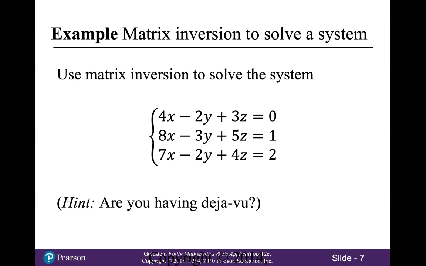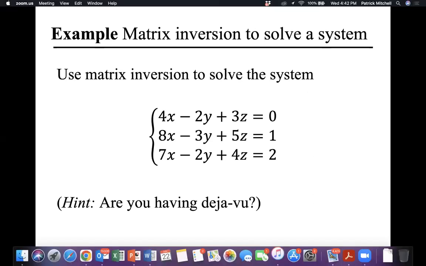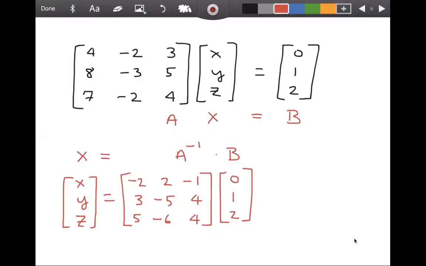Well, as soon as I switch over to the tablet, I think you'll see that this is actually a very easy problem, given what we've already done. So first you see I've written the system in matrix form. And hopefully this matrix looks familiar. It is exactly the matrix that we just found the inverse of in the very last example.